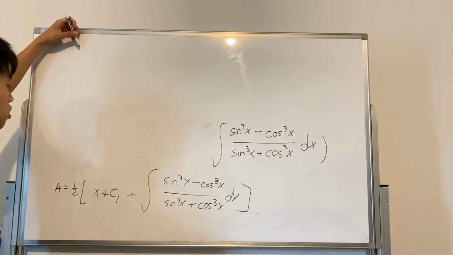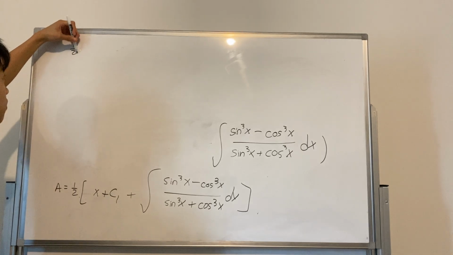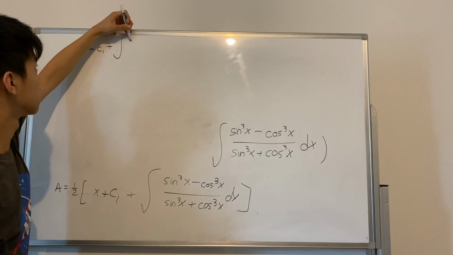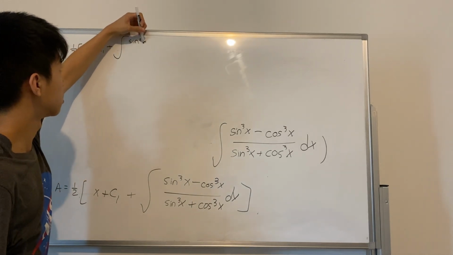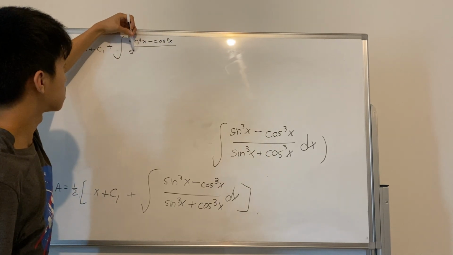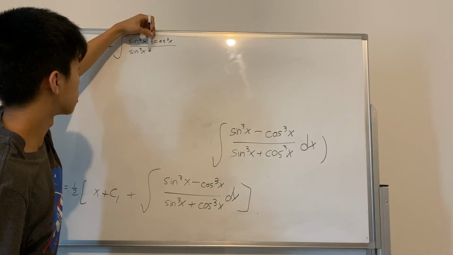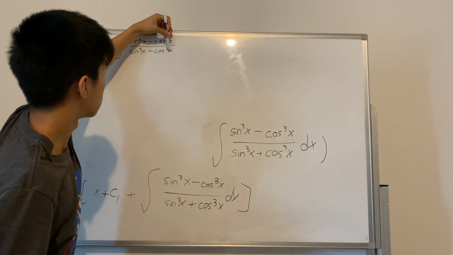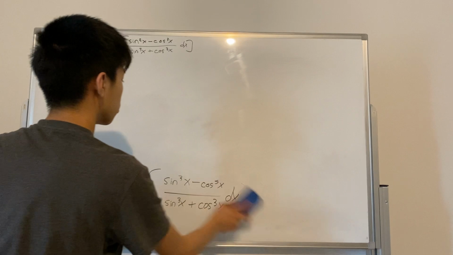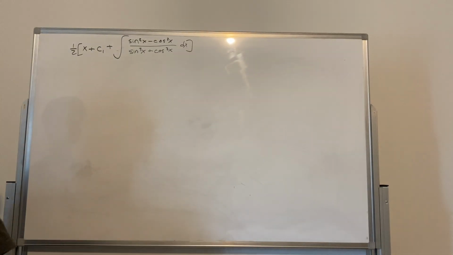So we're trying to find 1/2 of x plus C1 plus the integral of sine cubed minus cosine cubed over sine cubed plus cosine cubed dx. Okay, now we have room on this board for everything else.